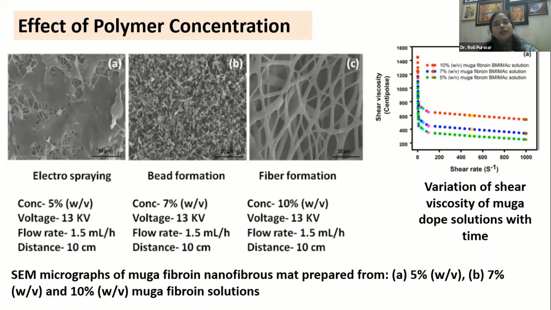As we keep on increasing the concentration, we are getting a good fibrous structure. One point is clear from this slide: we need some kind of threshold concentration to process the polymer and make the fiber.